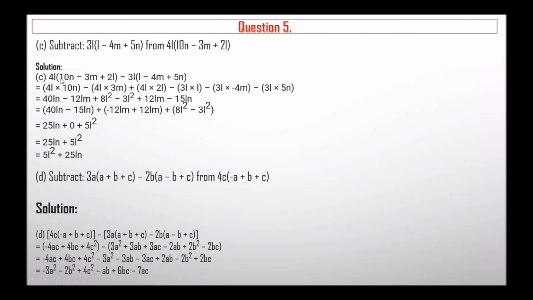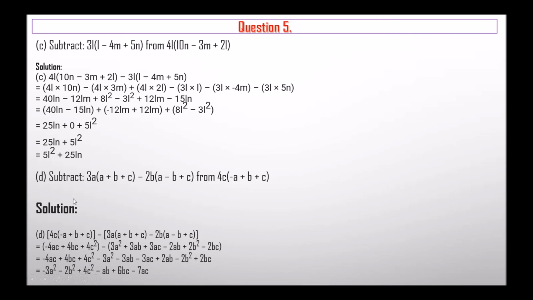So 4l × 10n − 4l × 3m + 4l × 2l − 3l × l − 3l × (−4m) − 3l × 5m. So 40ln − 12lm + 8l² − 3l² + 12lm − 15ln. Now 40ln and 15ln are alike. So 40ln − 15ln, that is 25ln. Then −12lm + 12lm, so that is 0. 8l² − 3l², so that is 5l². So it is 25ln + 5l².